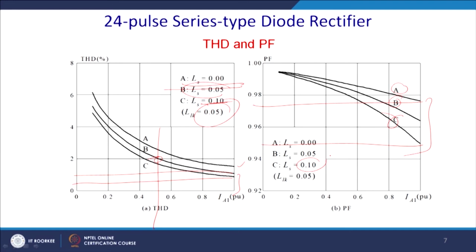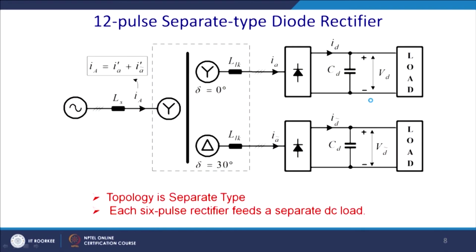For this reason you can take the B curve, and you can see that it matches all the limits we were discussing as limiting conditions for THD and power factor. Now, till now we have seen the series operation of the converter.